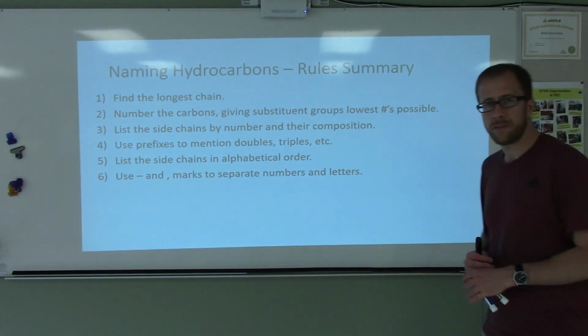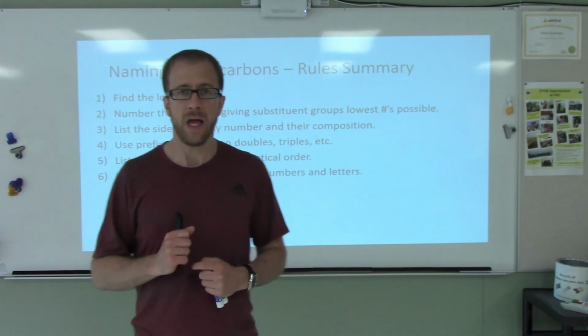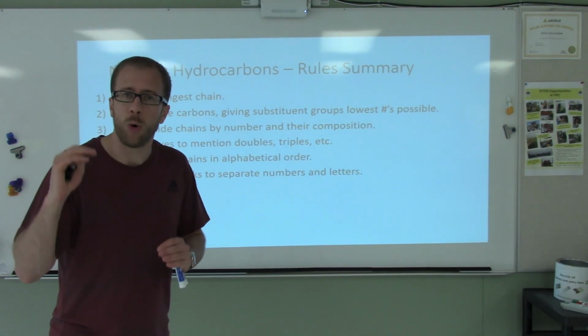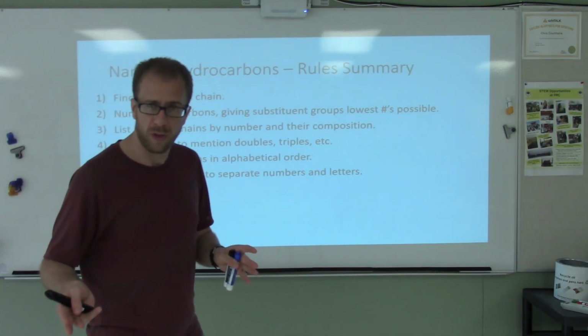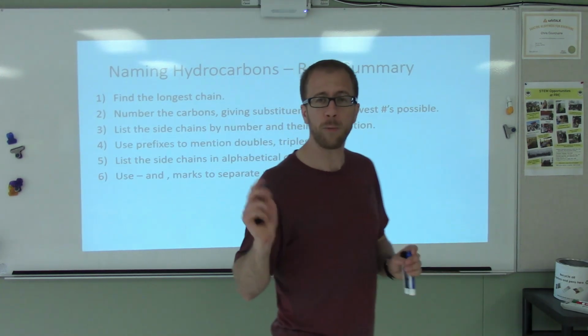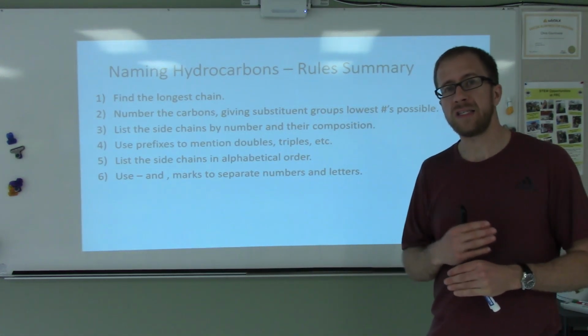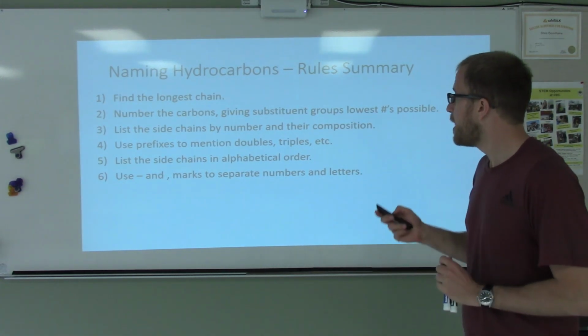So to summarize, find the longest chain, that is your parent chain. Number your chain such that your substituent groups get the lowest numbers possible. Write out which substituents you have at which carbons. Ensure that you add prefixes if those substituents are repeated multiple times.